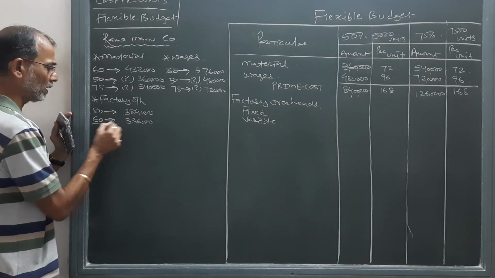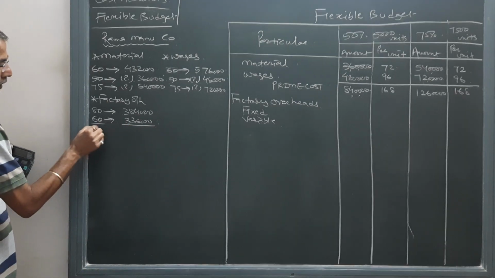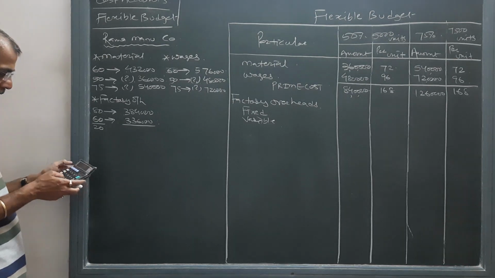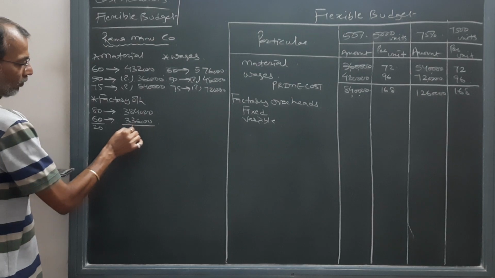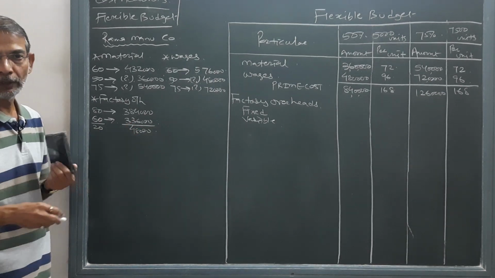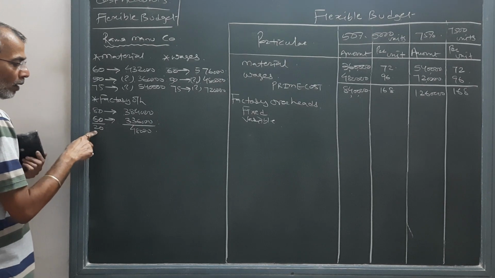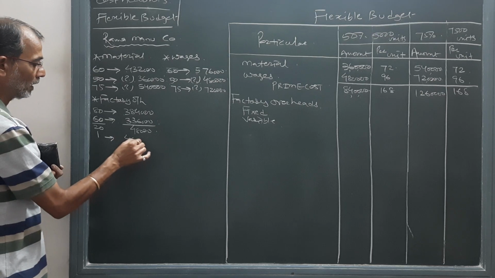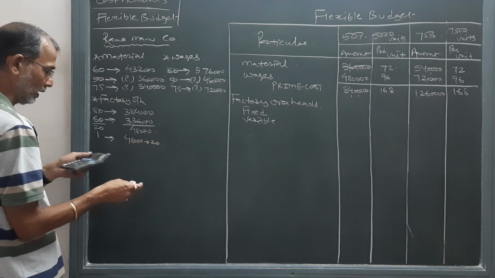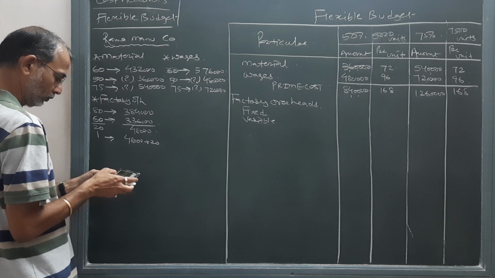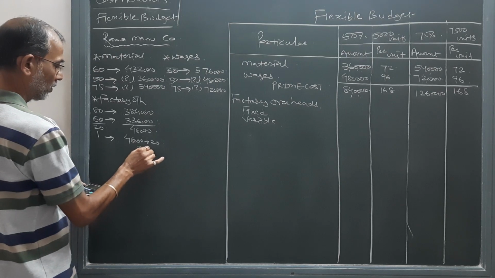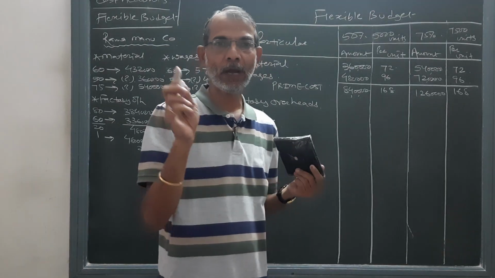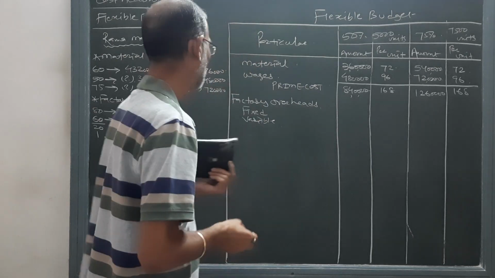Now what is to be done? The difference is to be found out. This is a 20% difference, and 384 minus 336 is 48,000. So for 20%, variable overheads are 48,000. So for 1%, 48,000 divided by 20 will be 2,400. Now you see, for every 1%, variable factory overheads are 2,400.